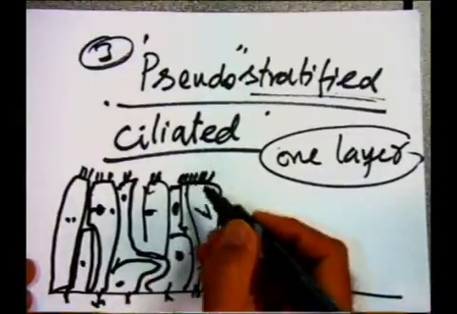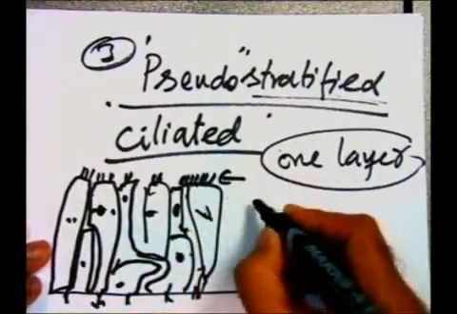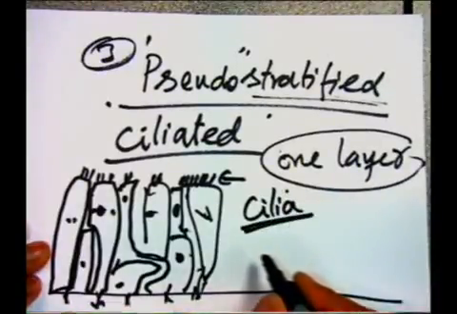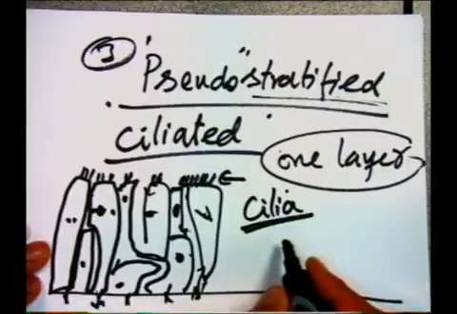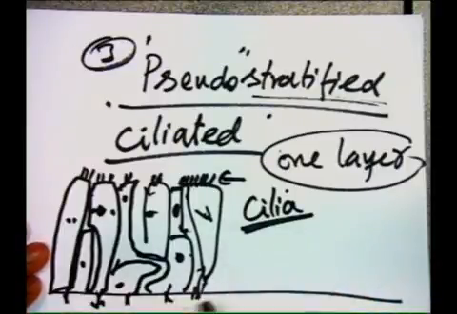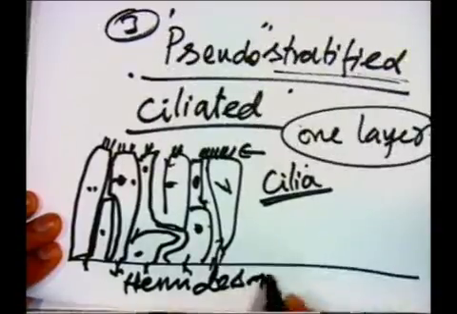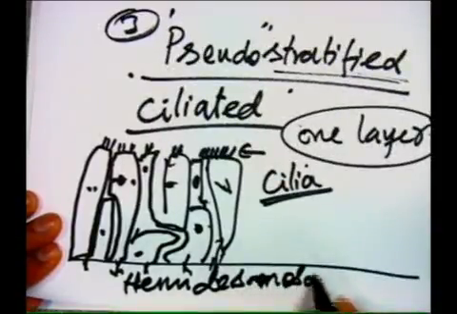And these are the cilia. This is the free surface again, with the cilia on the free surface. It's modified, and sometimes microvilli are interposed, but the basal surface is the basal lamina with hemidesmosomes here. Hemidesmosomes, same thing.